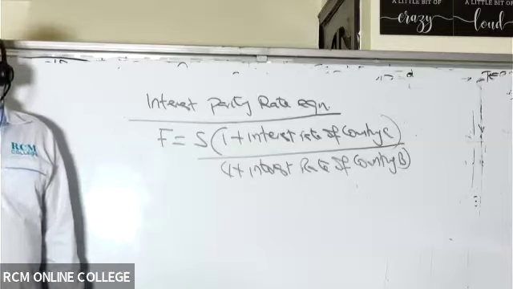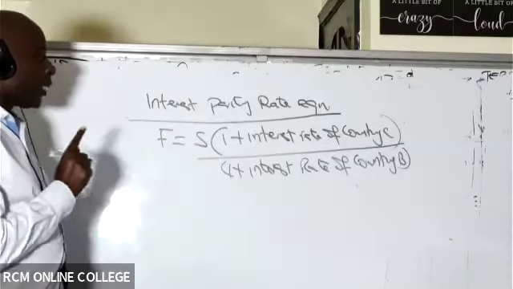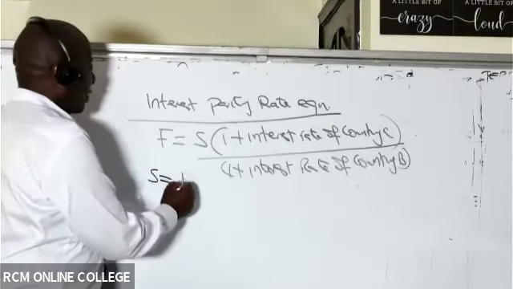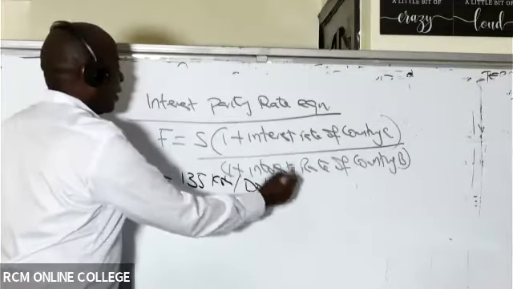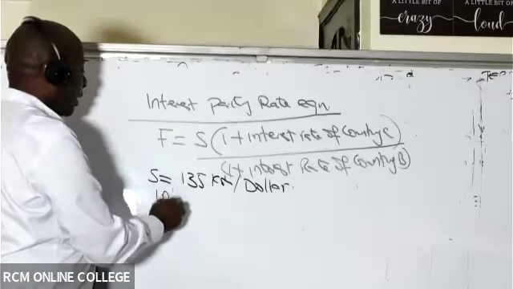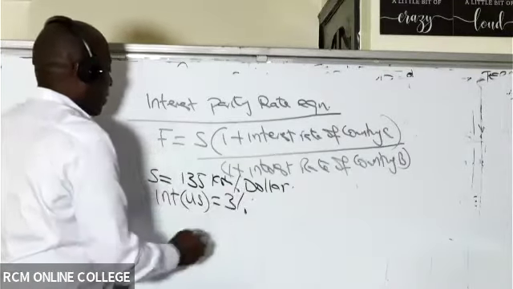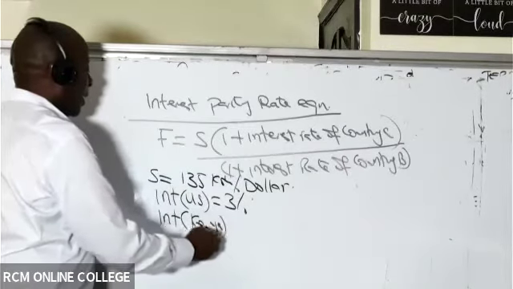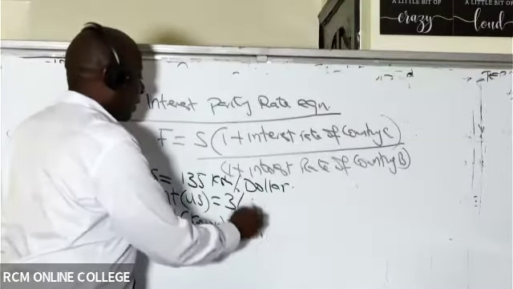So, ladies and gentlemen, I would want us to contextualize this by looking at an example. Assuming that today S is 130 Kenya shillings per dollar, this is today's spot rate. They have given us interest in the US as 3%, and interest in Kenya, let's say 18%.